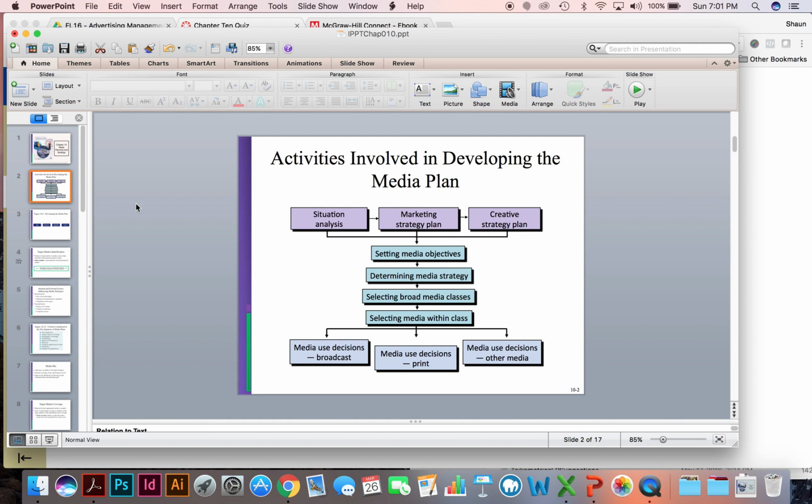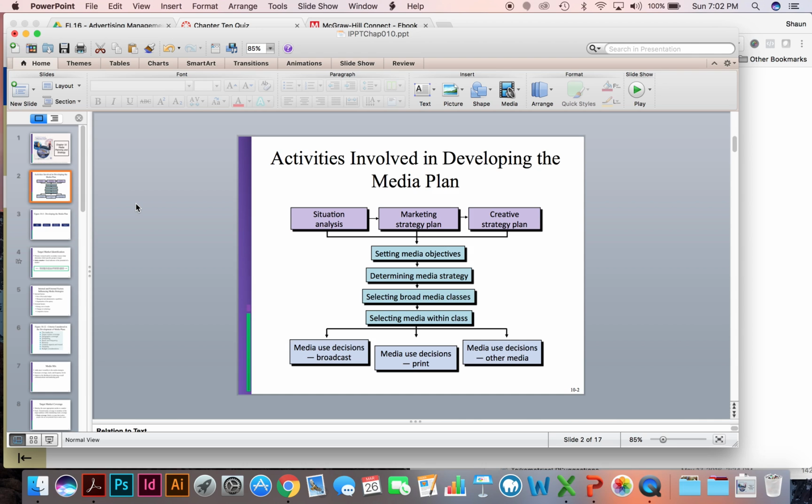There is a tremendous amount of activities involved in developing a media plan, but typically it starts off by creating a situational analysis. Then the plan strategy happens with setting media objectives.